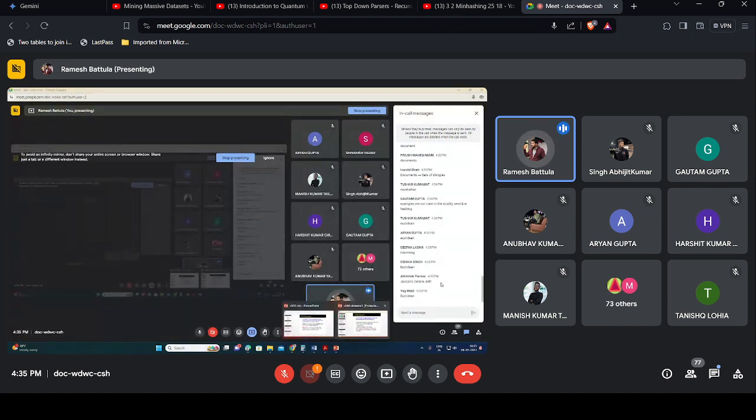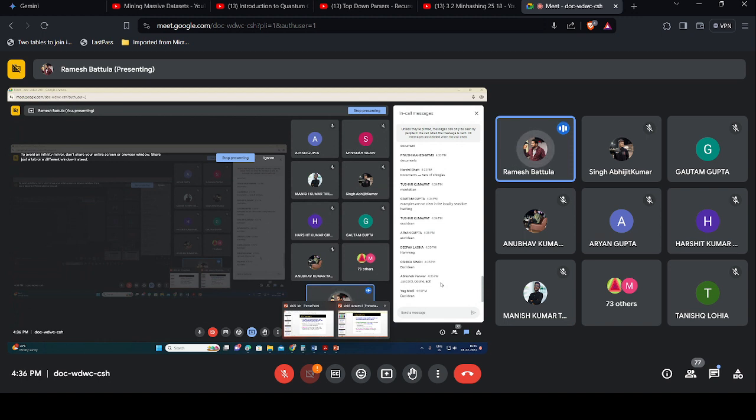What is the main motto of locality sensitive hashing? We should find more nearby items. So what will we find? False positives and false negatives are there. In min hashing, we did not count false positives and false negatives. But we have to take that into account with the help of the candidate pair.